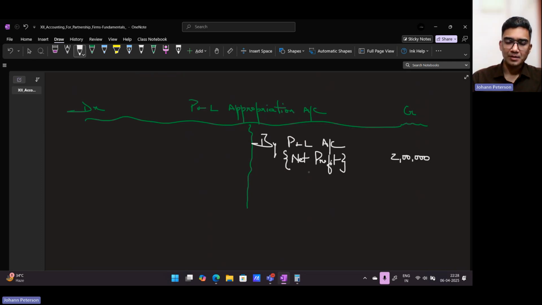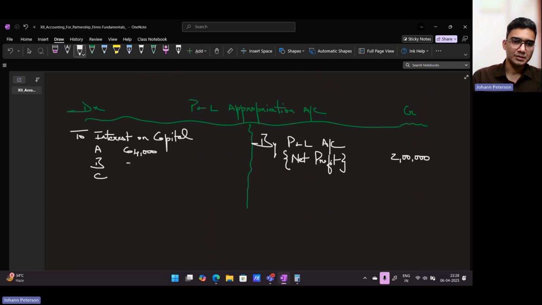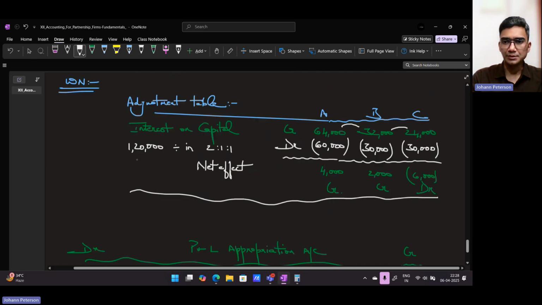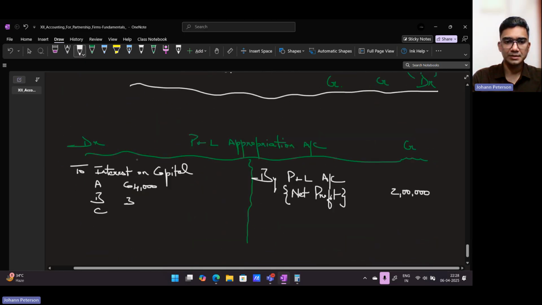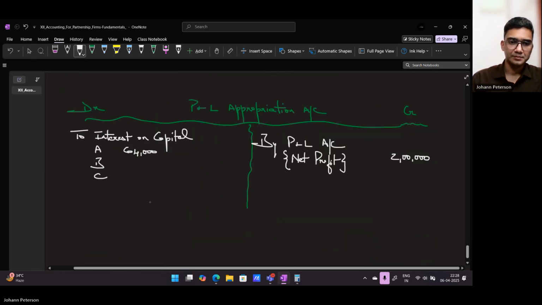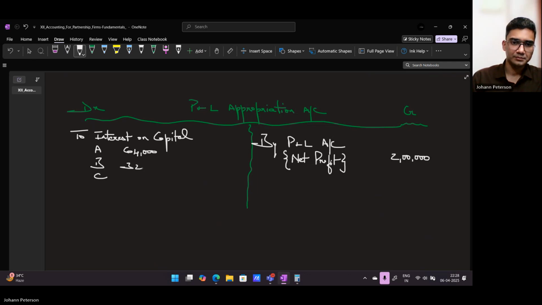Okay. Now what is happening? We are giving interest on capital. So on the debit side, we will write to interest on capital A, B, and C. And as we saw on the top, we calculated this. This was 64,000. This was 32. And then the next was 24.